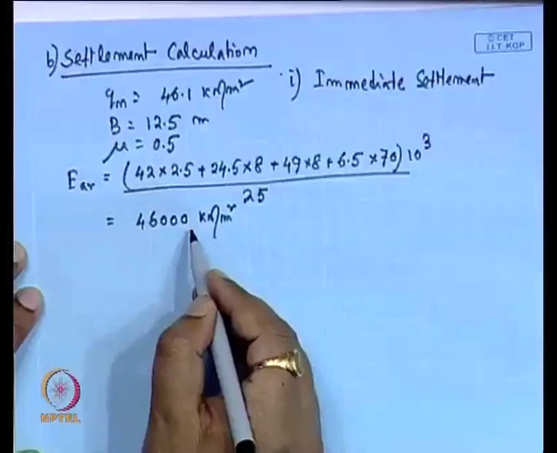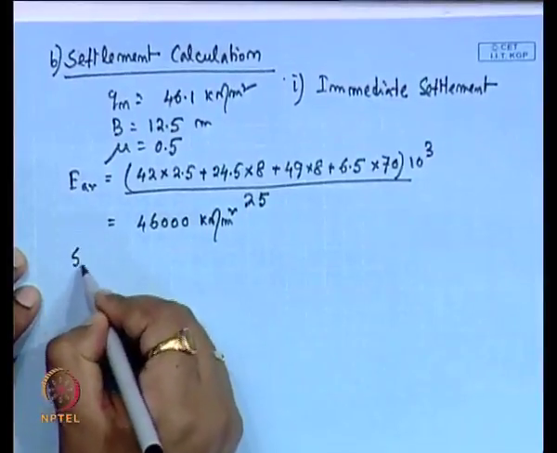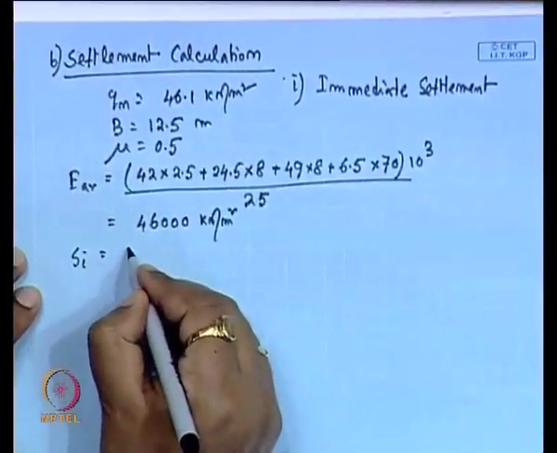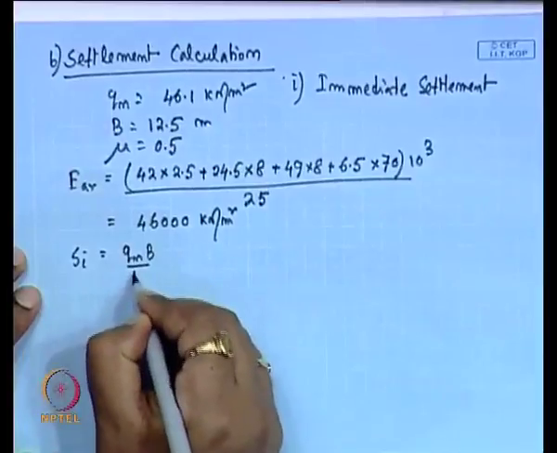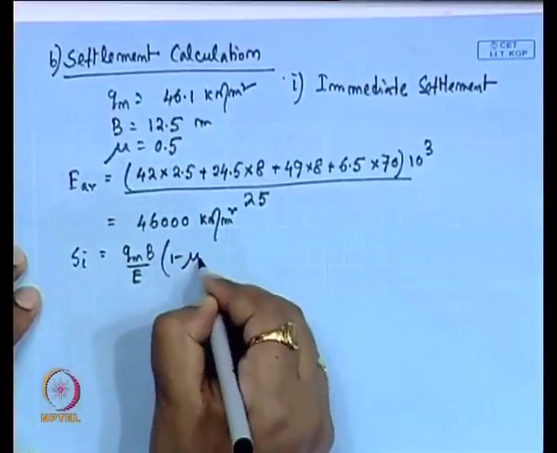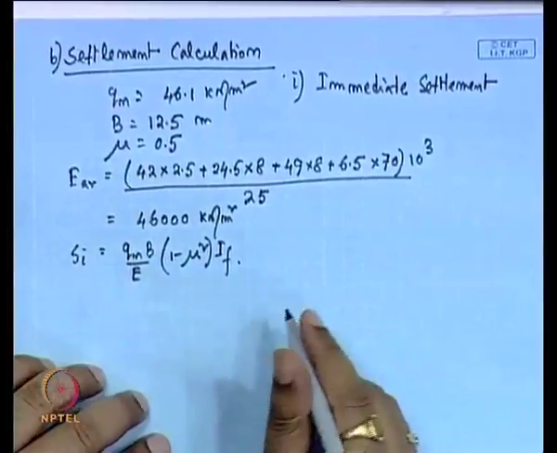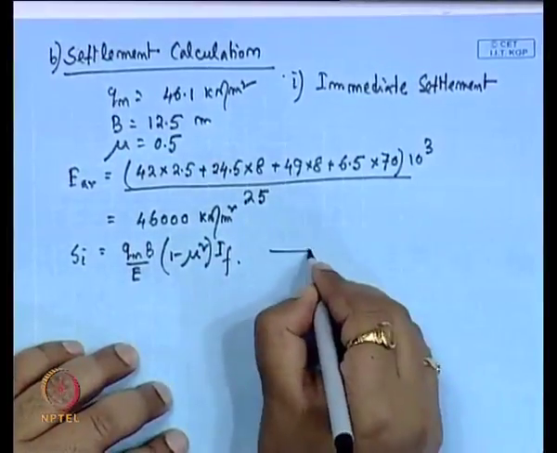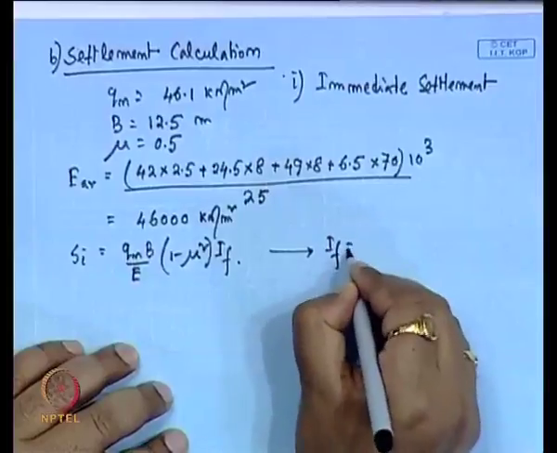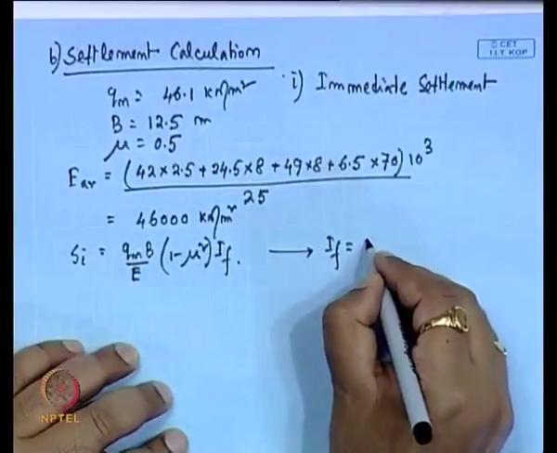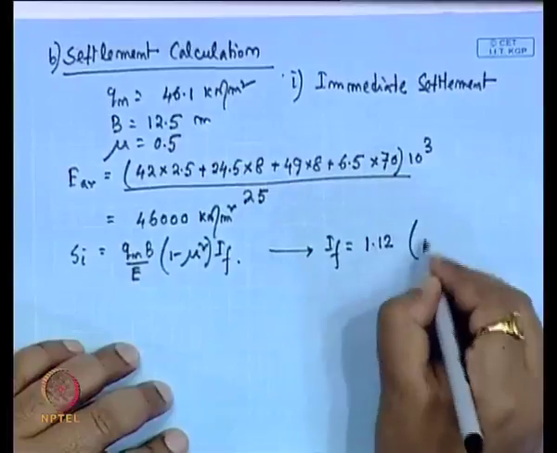So, this is 46,000 kilonewton. Immediate settlement S_I is q_n into B divided by E, into (1 minus mu square) into I_f. This is the influence factor. For the square footing, from the table we are taking 1.12.